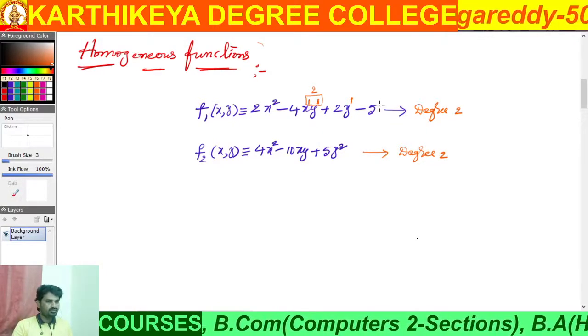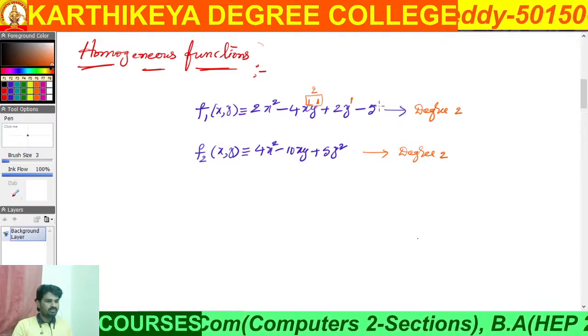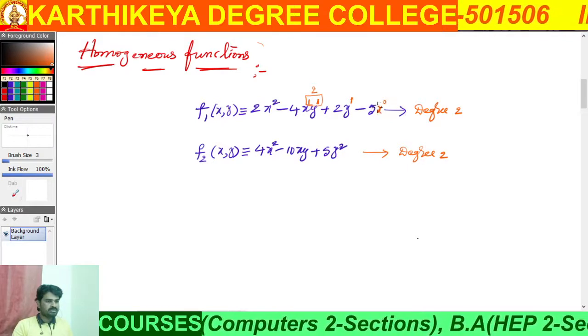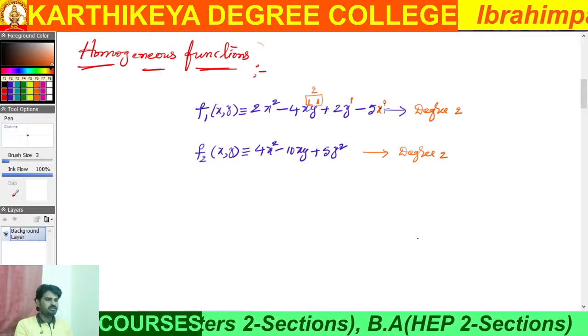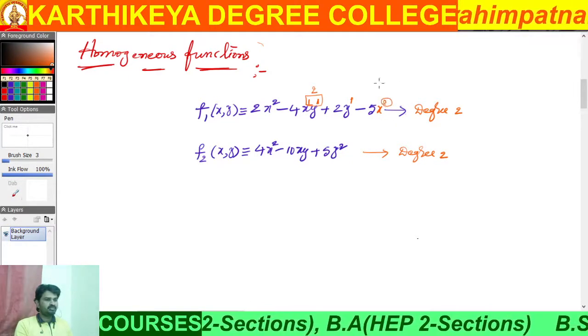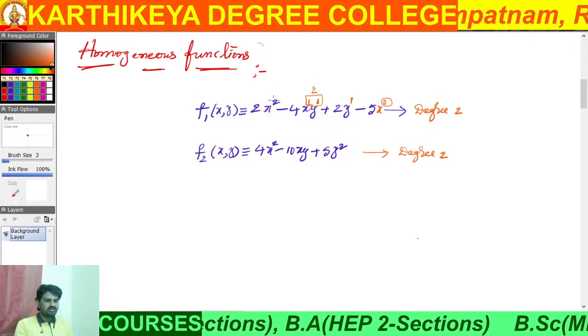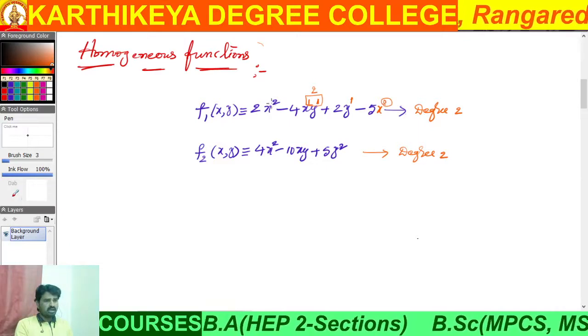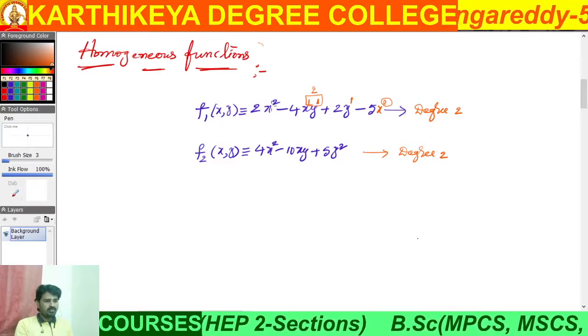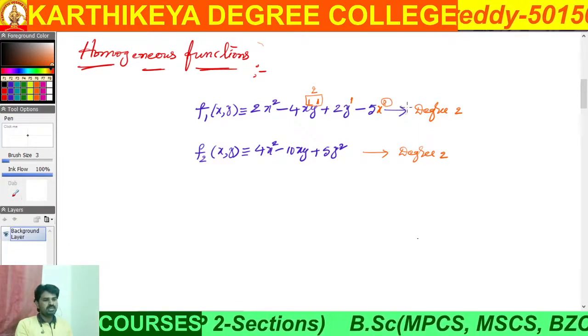That means if you have to write it in terms of variables, you can keep it as x power 0, or y power 0, or x into y whole to the power of 0. So this is the power 0. Now our concept is you have to check whether all the powers of the terms are the same or not.